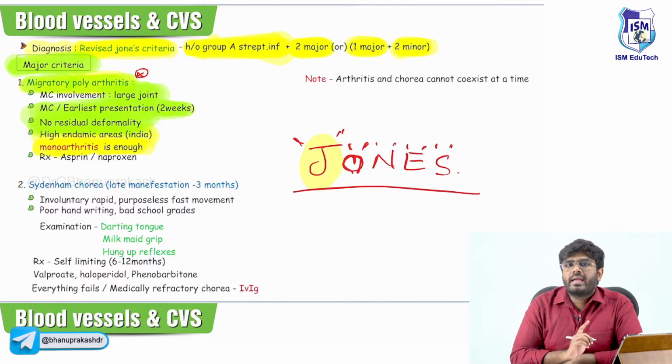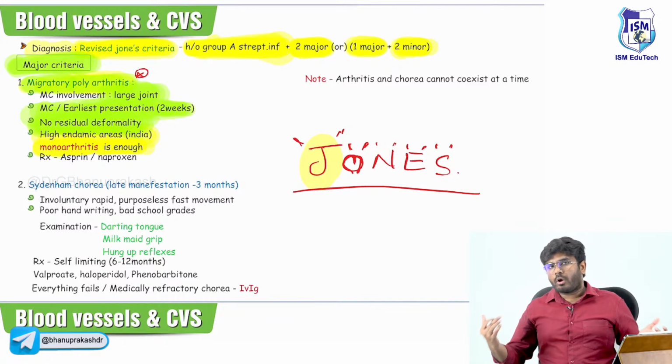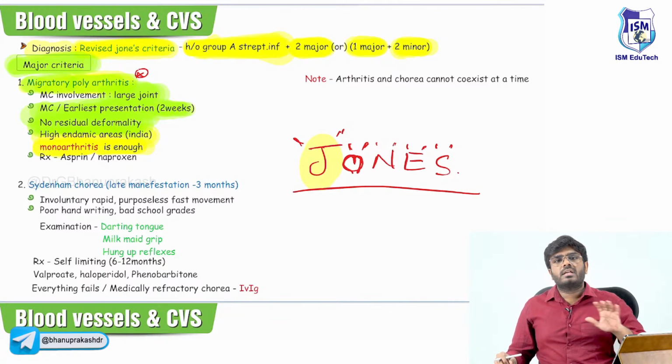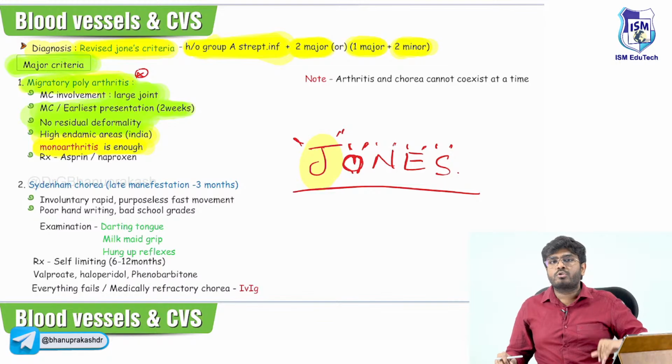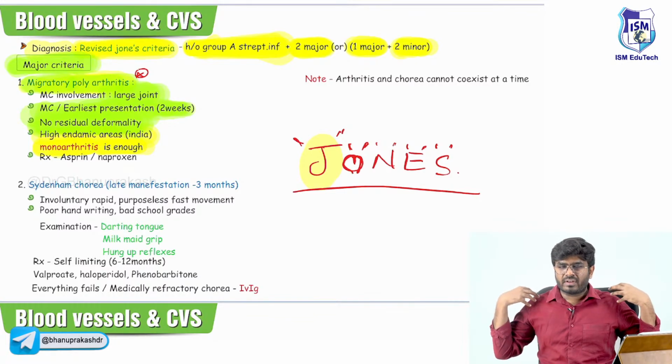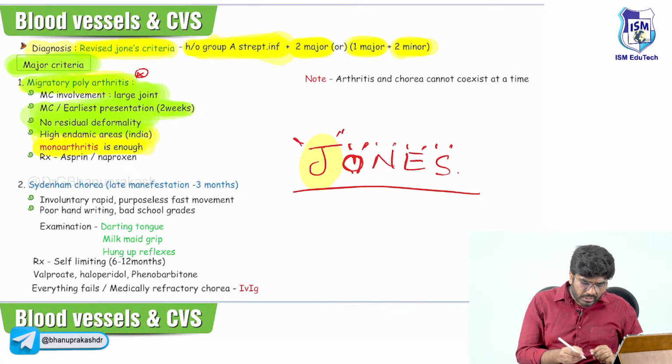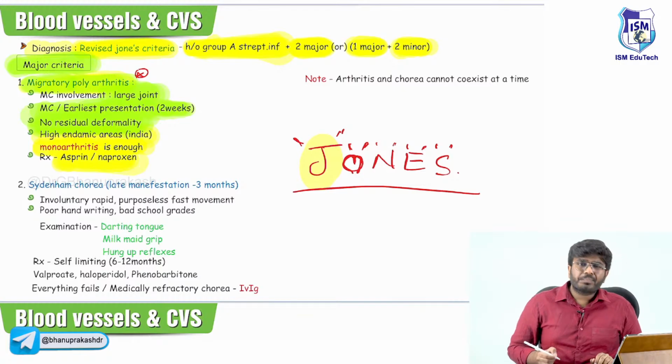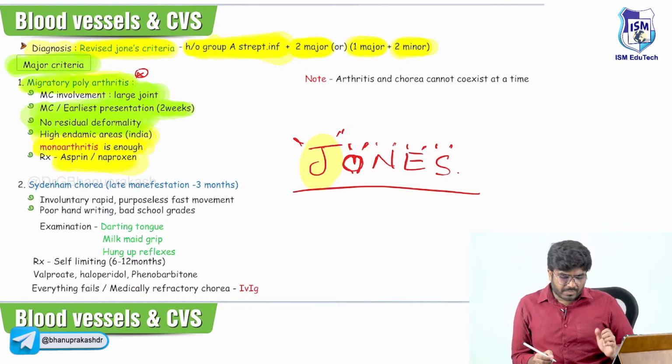Again, this is not going to be a big problem. It will be resolved. It's a non-erosive arthritis, and no deformities are going to be seen. But if the boy or the girl is suffering with pain or crying, you can give non-steroidal anti-inflammatory drugs like aspirin or naproxen. Simple aspirin or naproxen is enough.